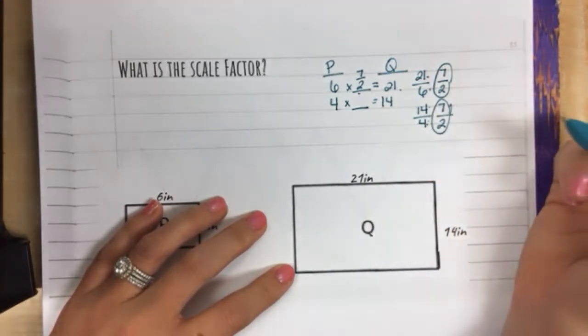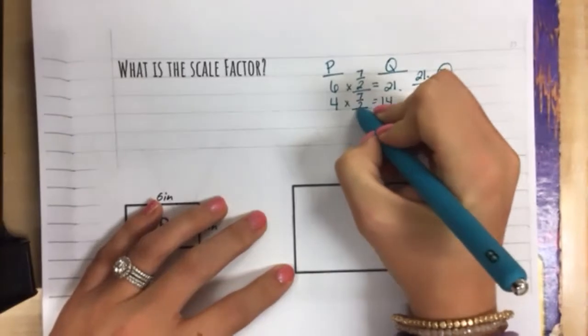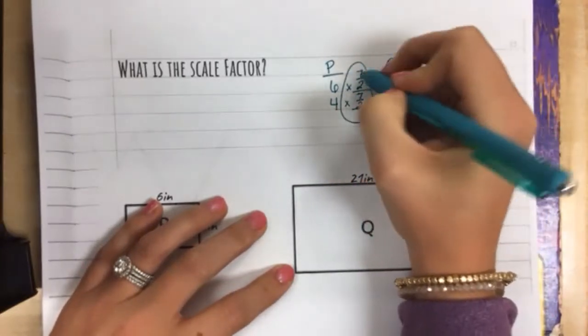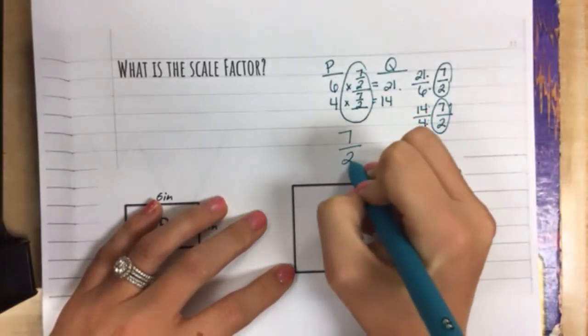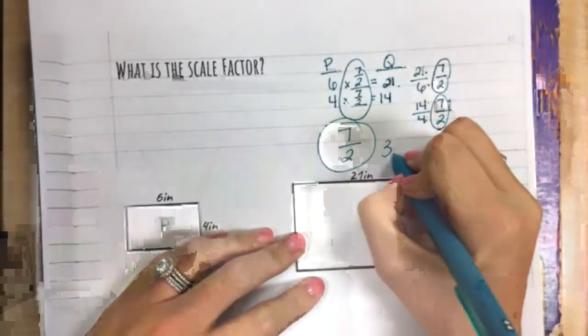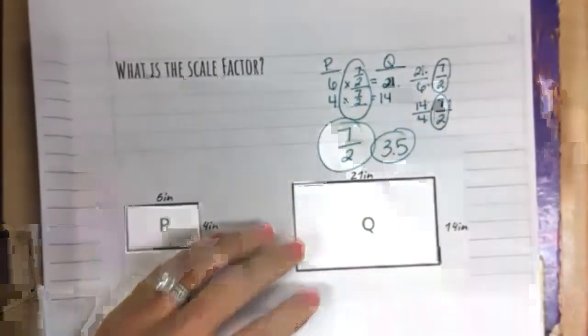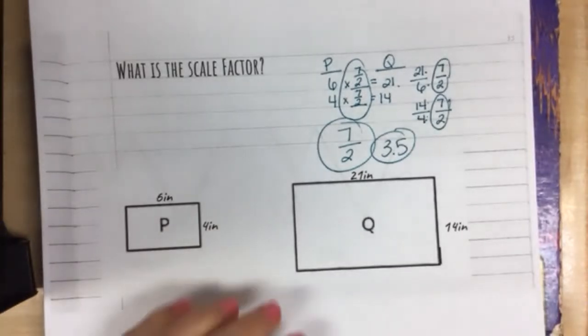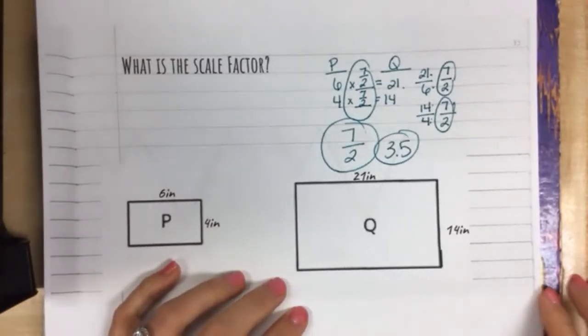Check that out. It's the same scale factor. So my scale factor now is 7/2 instead of a whole number, and that's okay. Now, if you want to simplify this and say 3.5, you're absolutely right. Okay? Hopefully that helps some.